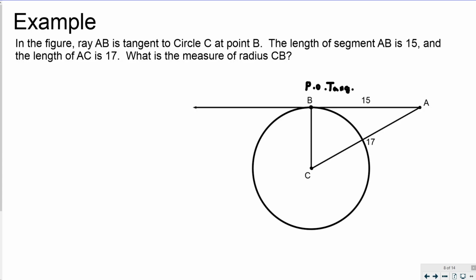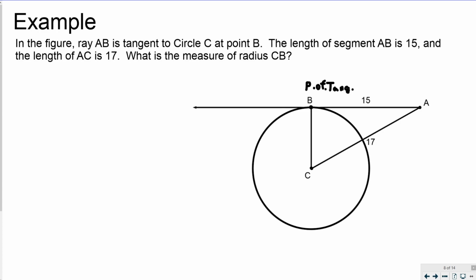The length of segment AB is 15, so from A to B is 15, and the length of AC is 17, so the whole thing is 17. What is the measure of radius CB?